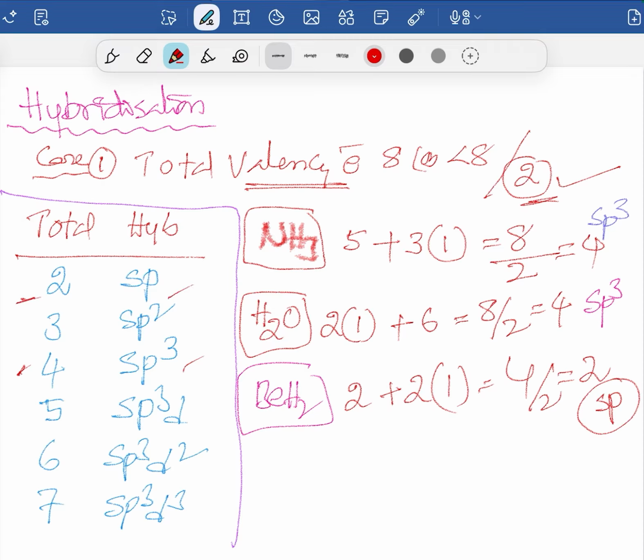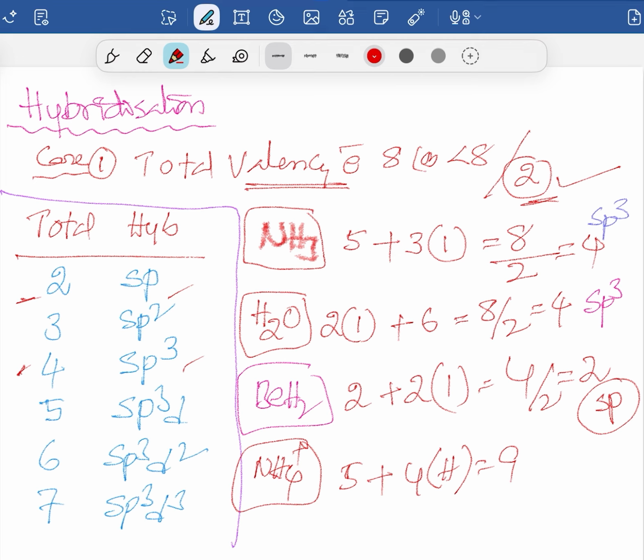So simple. For example, the ion state. Given the ammonium ion, NH4 plus. In ammonium, nitrogen's group number is 5 and there are 4 hydrogens, so the total value is 9.